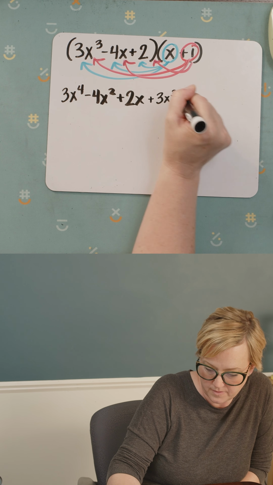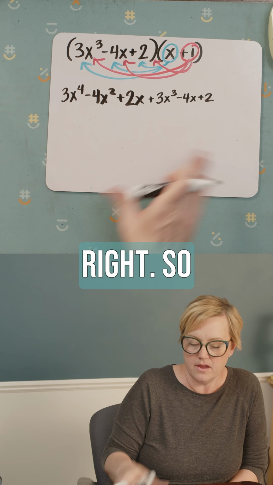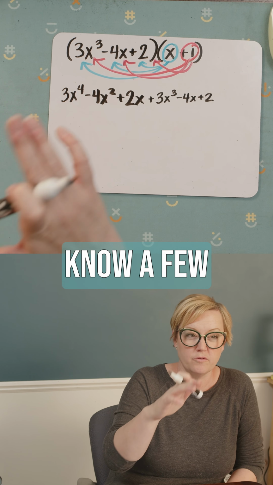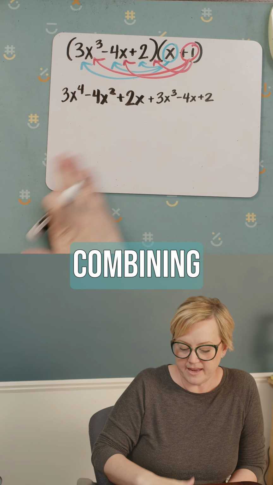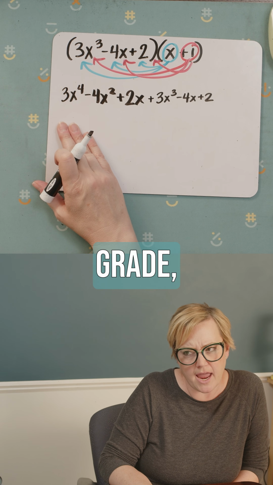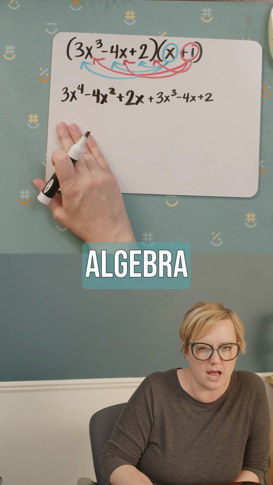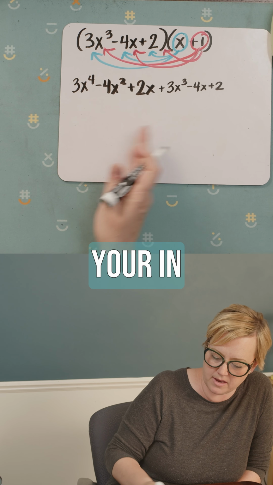Okay, so now when I have all of these terms, I know a few of you asked for combining like terms. This would probably be 8th grade, 9th grade, algebra 1, pre-algebra stuff, depending on how far you get in your year.